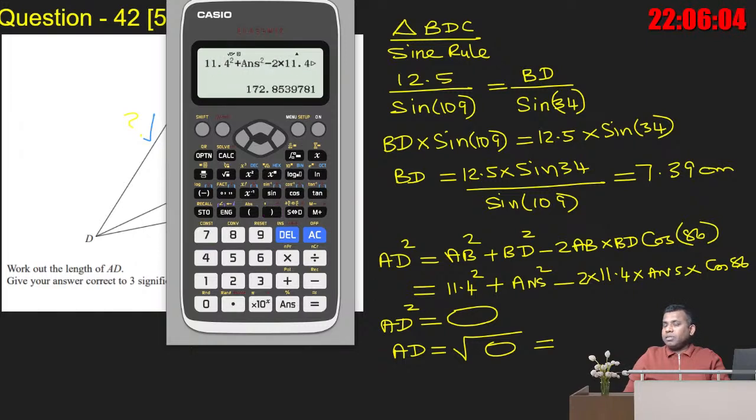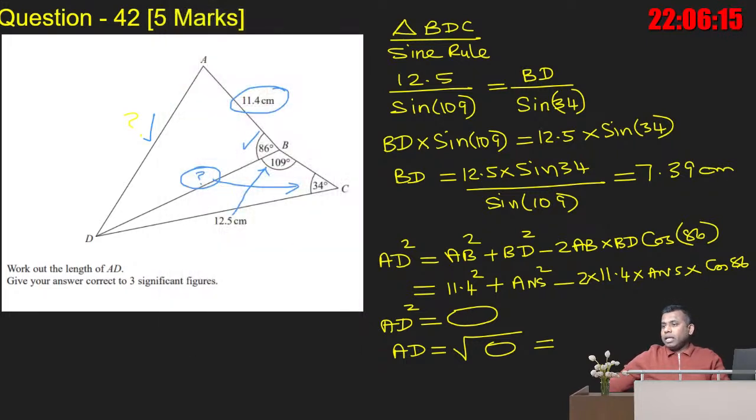And that gives 172 something, square root of that previous answer, 13.14. So 13.1 is the correct answer. So the answer is 13.1 centimeters to 3 SF.